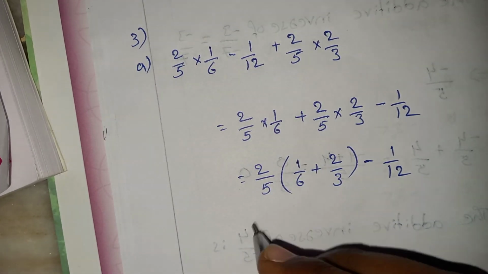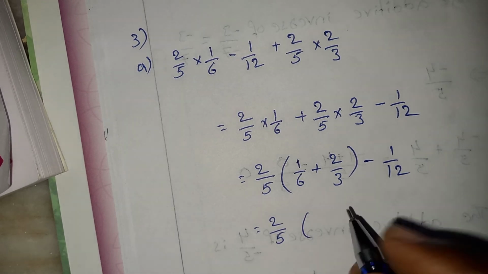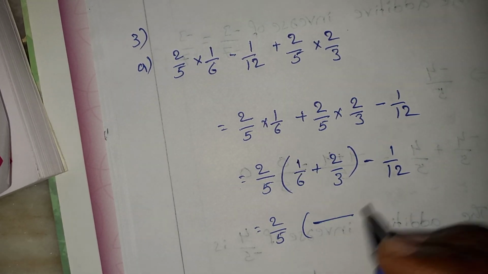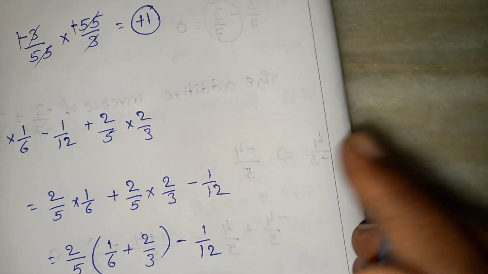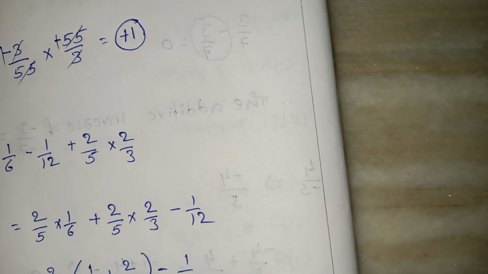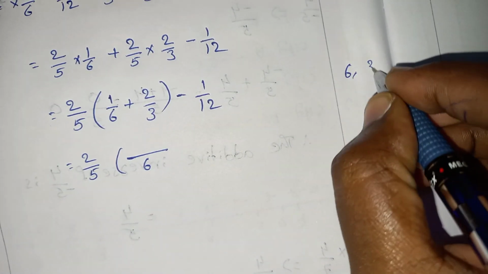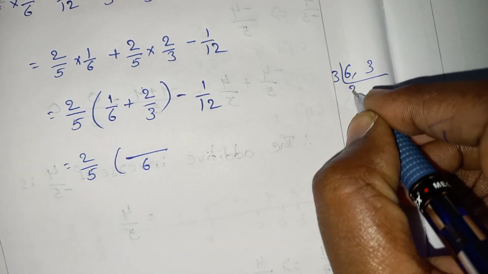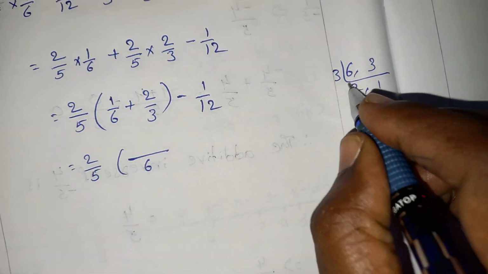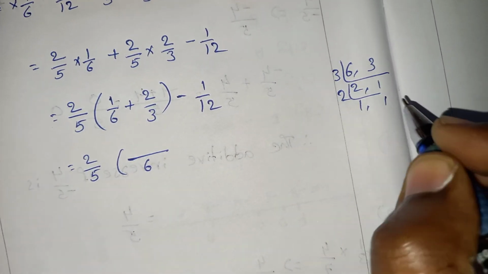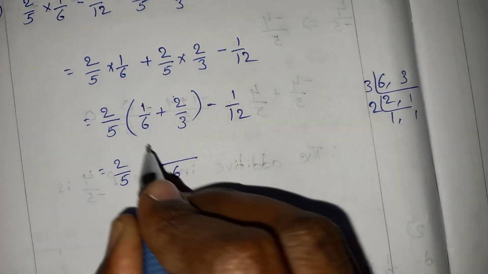Okay. 2 by 5. LCM of 6 and 3 is 6. If you don't know, just do it on the right side of your book. 6 and 3: 3 twos, 3 ones. Next, 2 ones, 1. 3 twos are 6. So the LCM of 3 and 6 is 6.